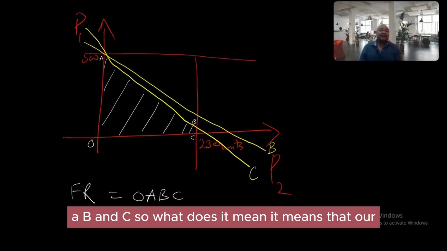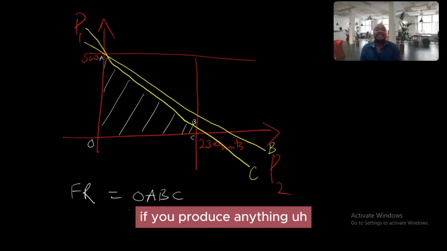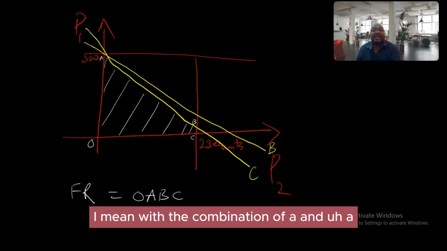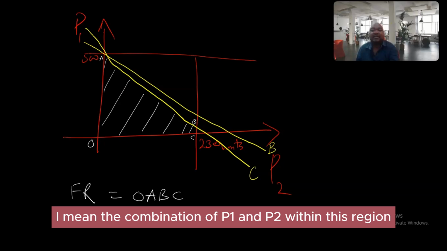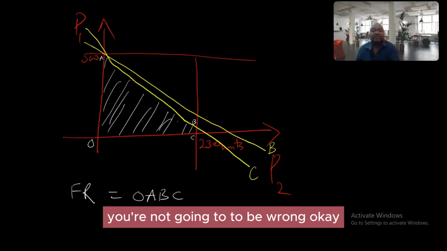It means that if you produce anything with the combination of P1 and P2 within this region, you are not going to be wrong.